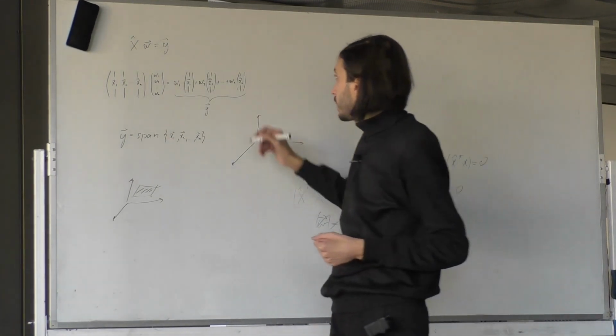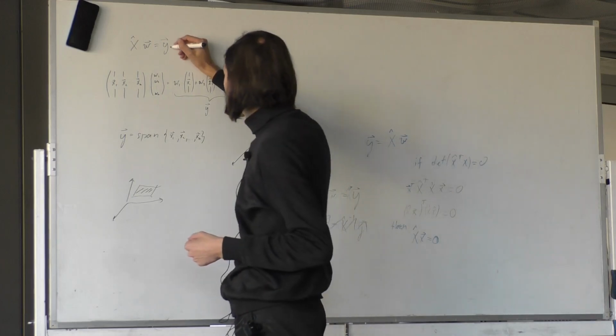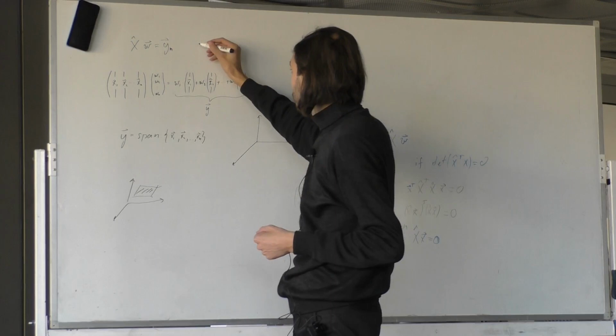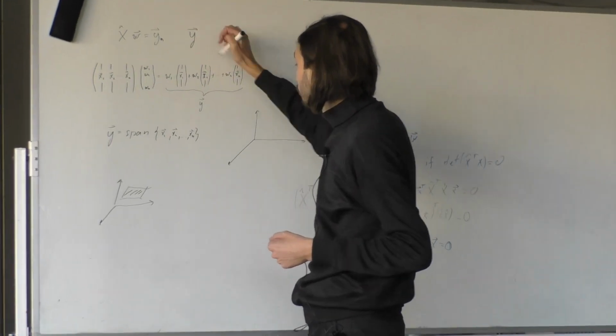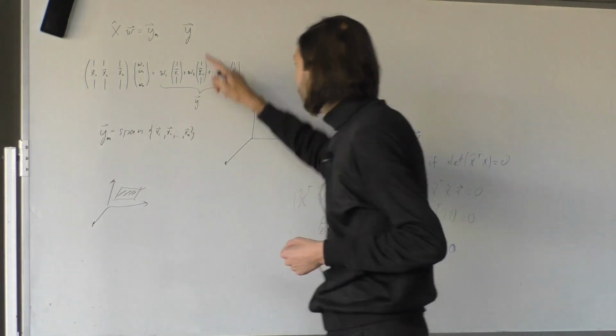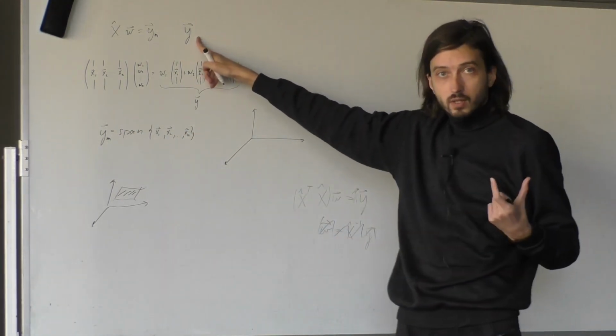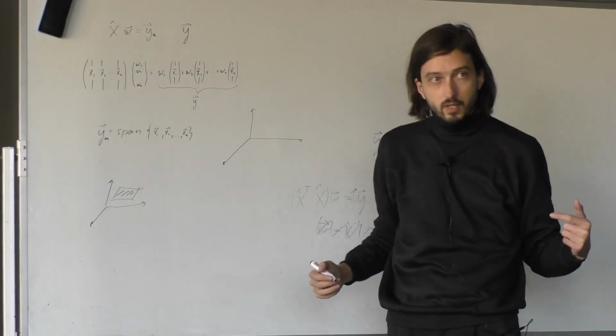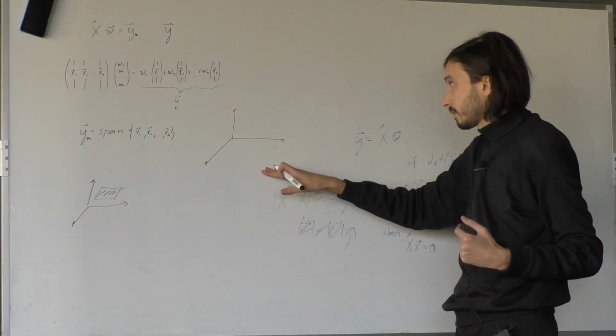This is my y, let's call it the model, so I give letter M here, and I have some y that was truly measured. This truly measured y has a number of components equal to the number of measurements, so it lives in this ambient space.